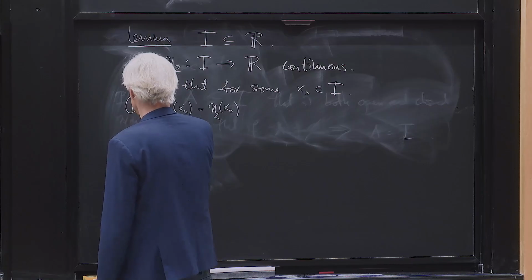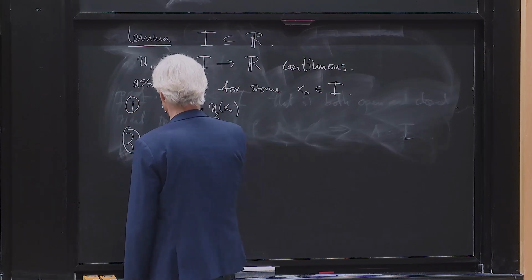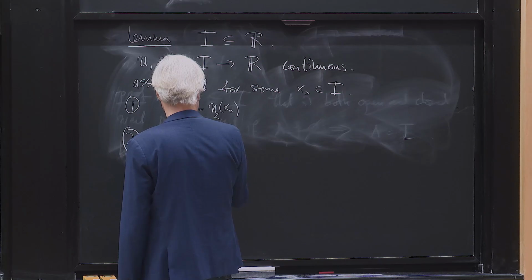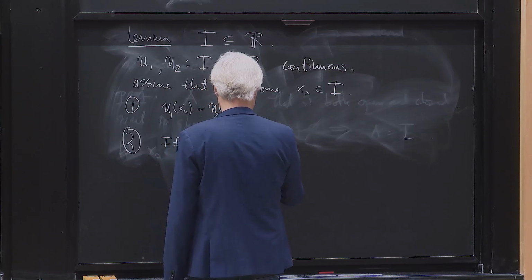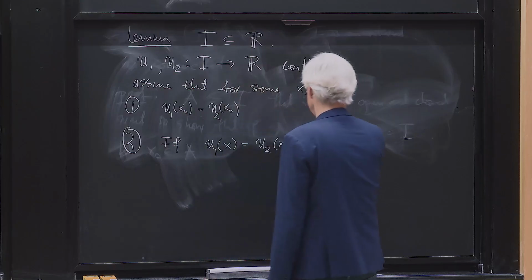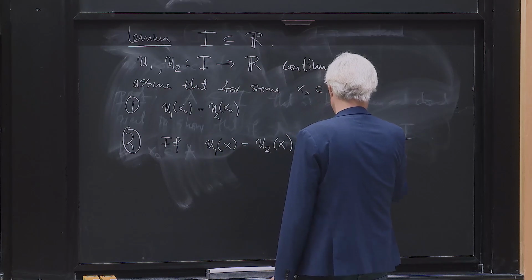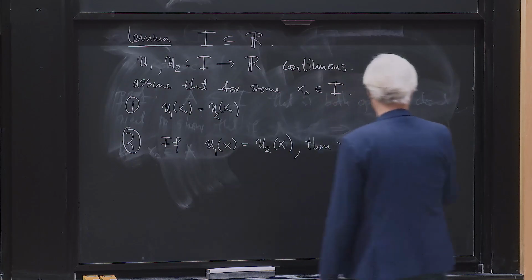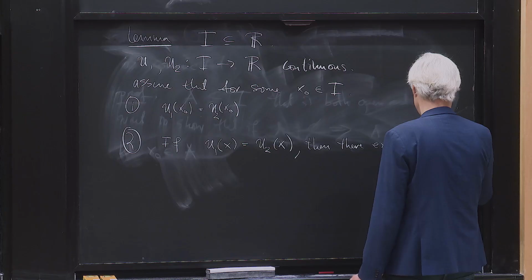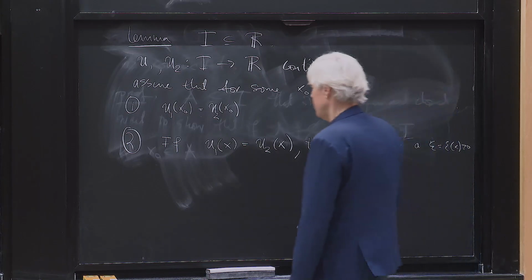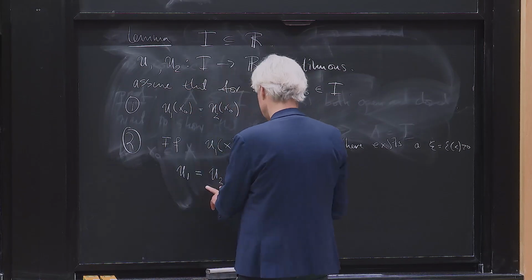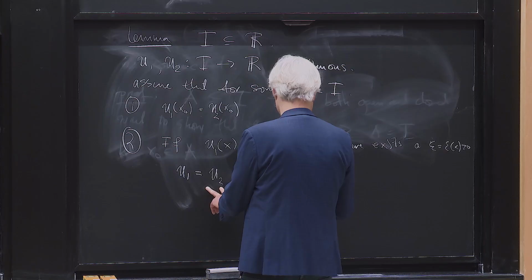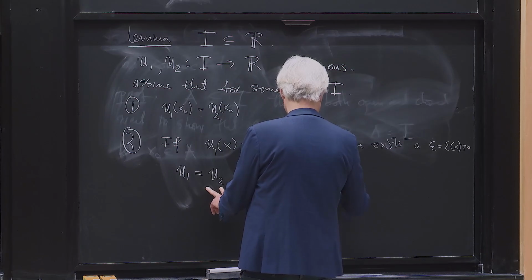And assume you have a second condition: if u1 of x is equal to u2 of x, then there exists a neighborhood, an epsilon, which is allowed to depend on x, so that u1 is equal to u2 not just at x, but on the whole little interval from x minus epsilon to x plus epsilon.